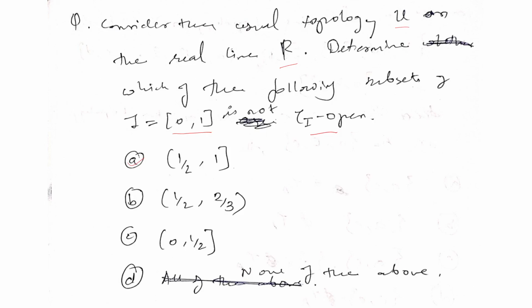So which option are you getting? Which is not tau I open, or are all of the above tau I open? Try it.